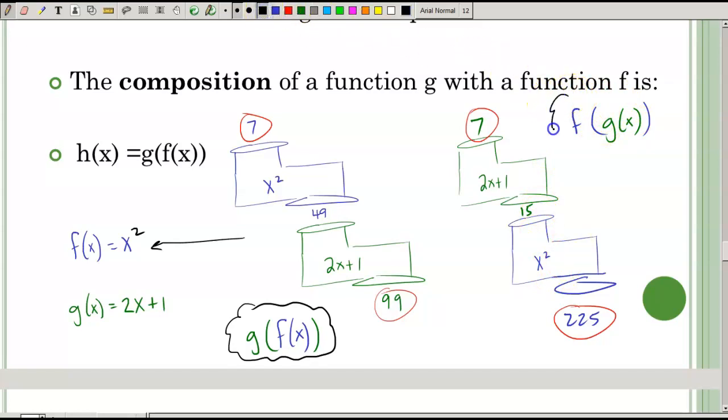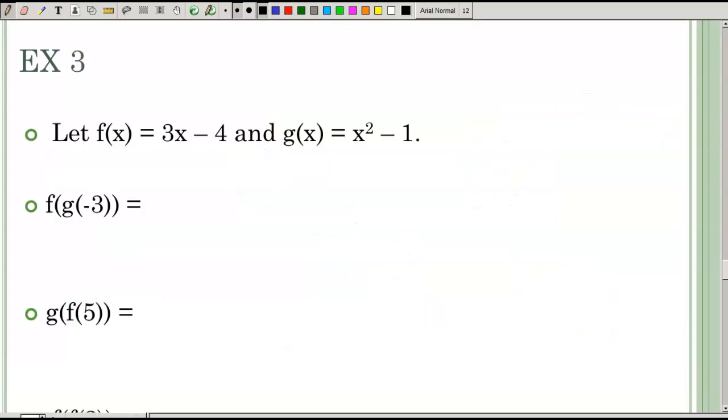And the first example is the other way around, where I have g of f of x. Whatever's in the innermost parentheses is what we're doing first. So this notation you will get used to, but let's look at a couple examples.